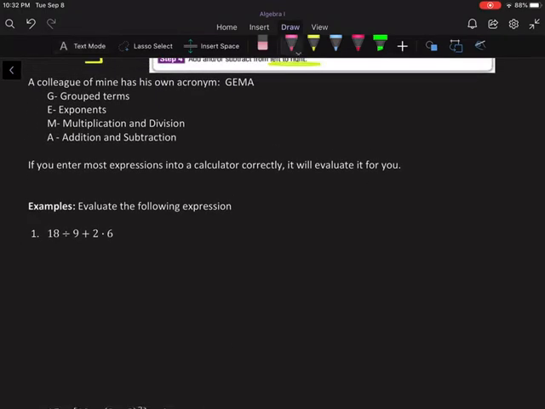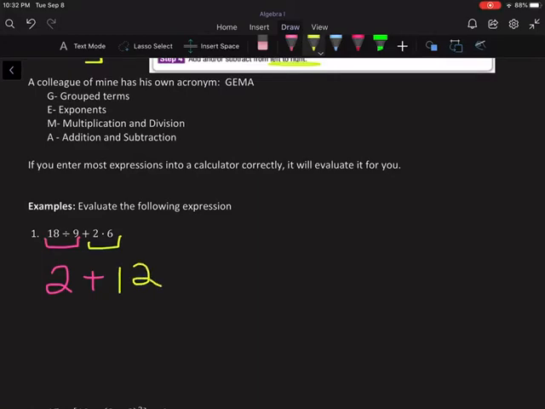Alright, so let's start with this first one. Write it down. So we start with left to right. I do these first. 18 divided by 9 is 2. And then I put a plus.